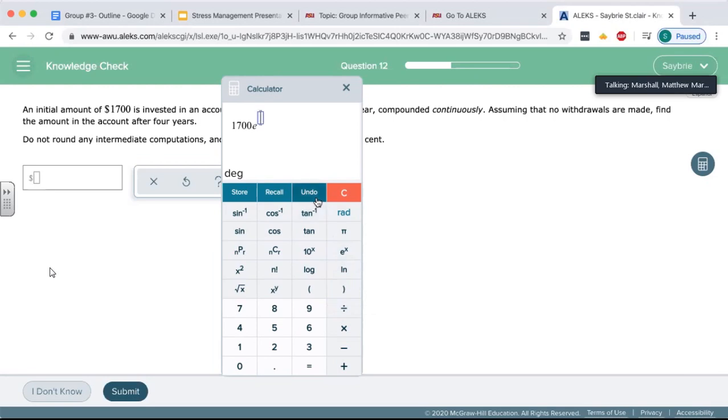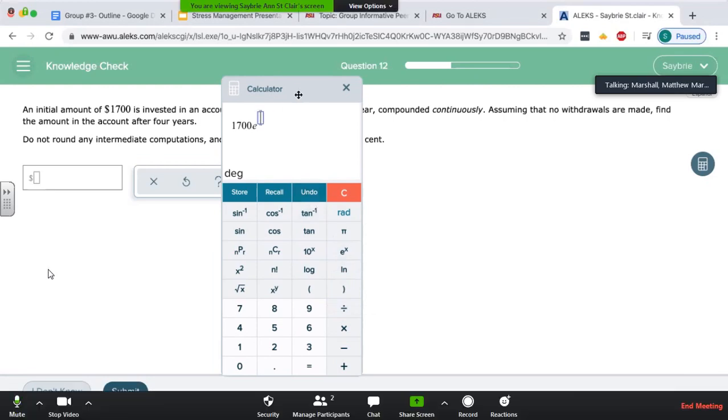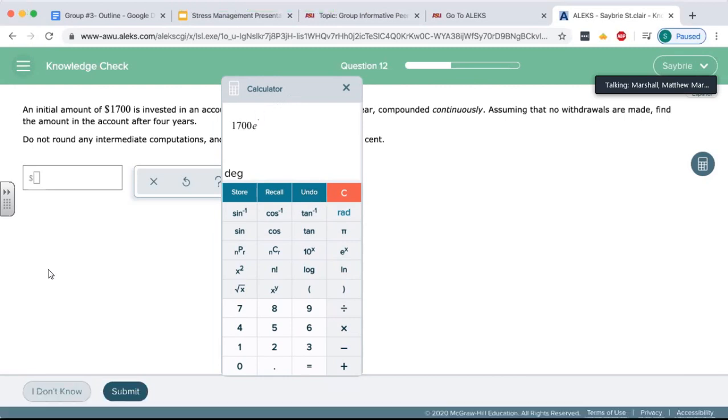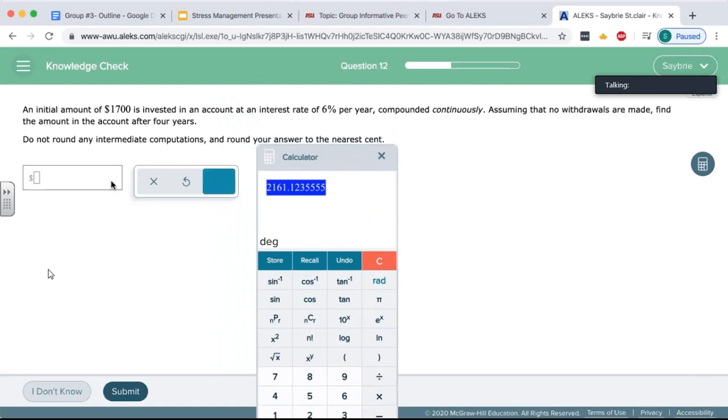What was the percent? 6%, so 0.06. And that was times 4 up there. There you go. Nearest cent. I think so.